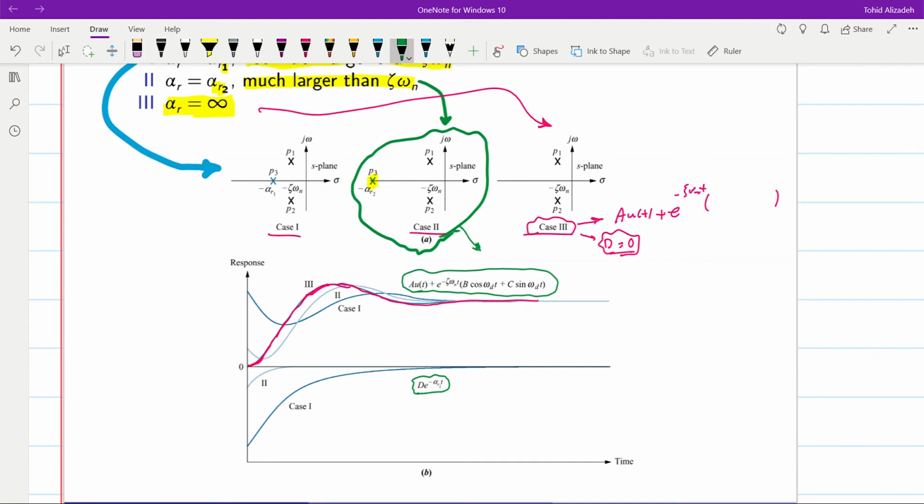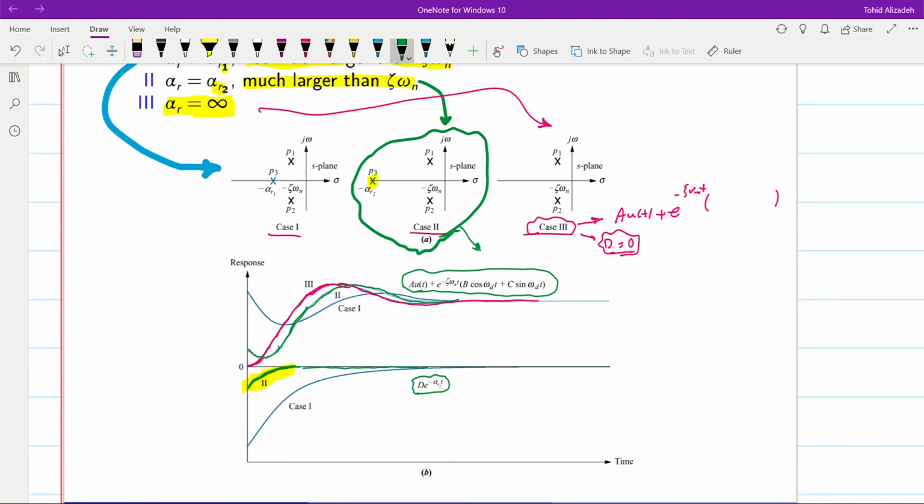And you can see over here that the first part of the response will be drawn here. And the second part of the response, d times e^(-alpha_r2 t), is drawn here. You can see that this part, let me highlight it, decays quite fast, because after a short time it is equal to 0.